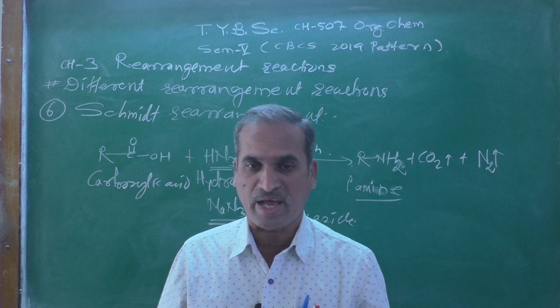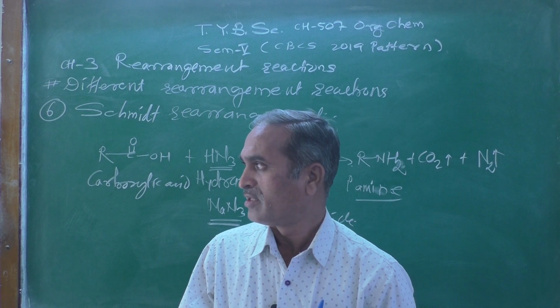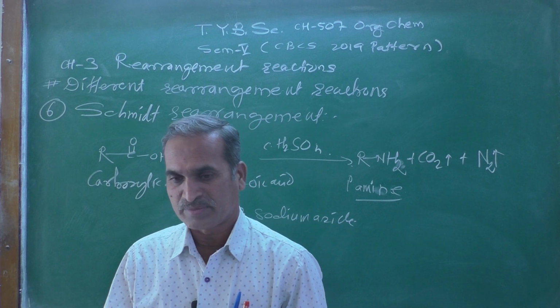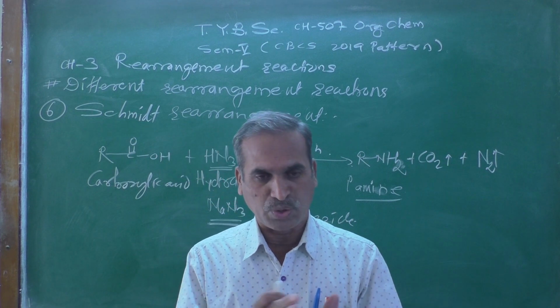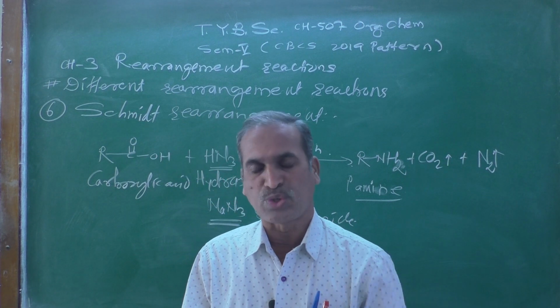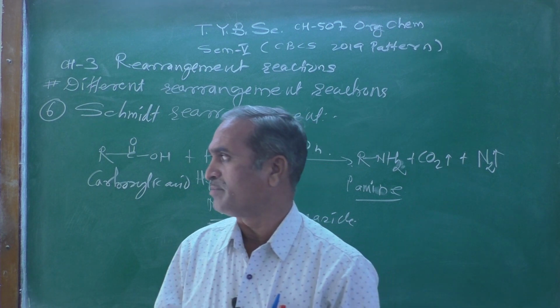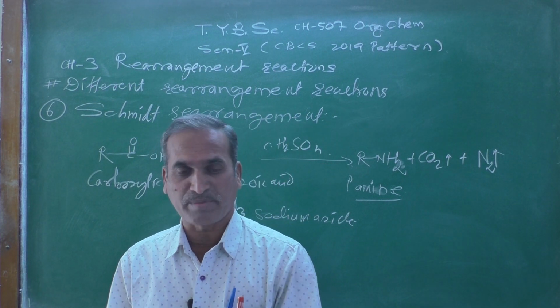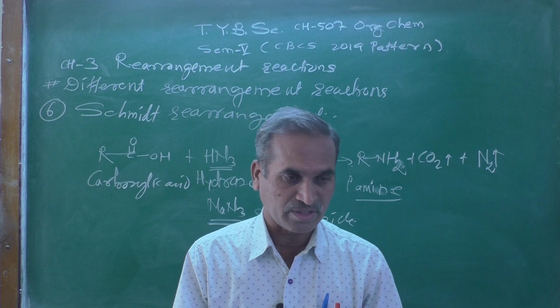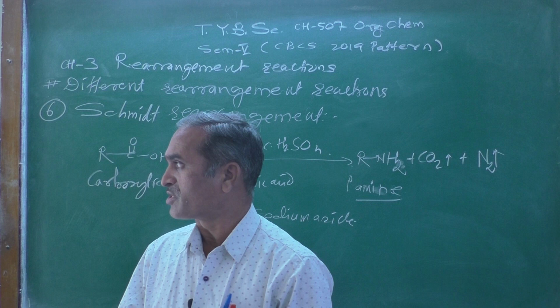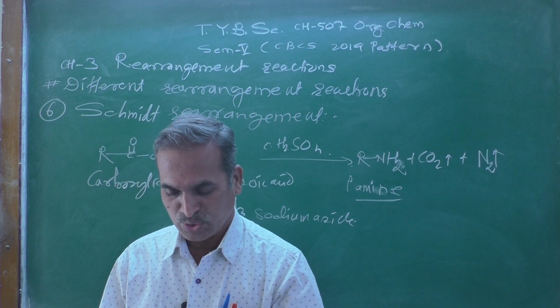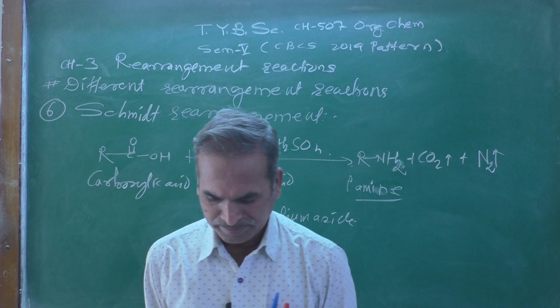Now let us look at the mechanism of this reaction. The step-by-step events taking place during the reaction, the transformation of reactant into product step by step, is known as the mechanism.